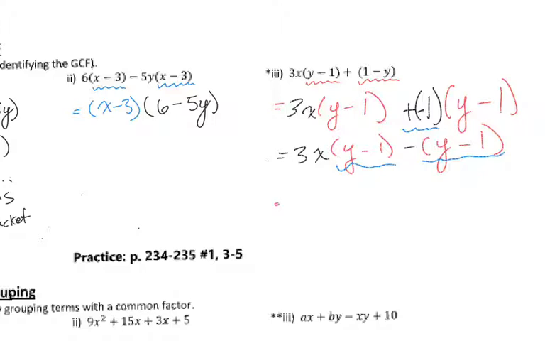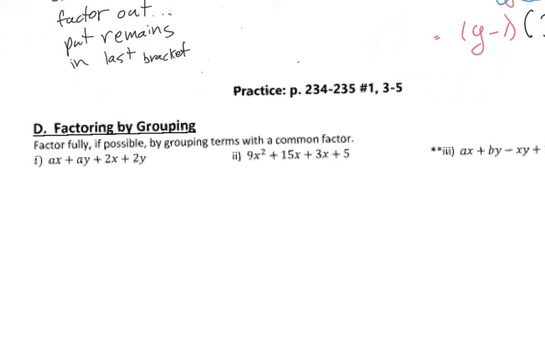So we're going to get, well, y minus 1. And now what's left in the last part of the bracket is going to be 3x. And then basically this whole second part here that's in blue for y is going to be divided by itself, which means we end up with minus 1 in the second bracket. And we're done. Now let's move on to the next set of questions.